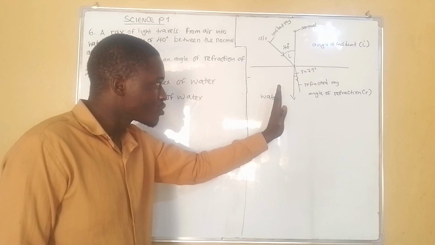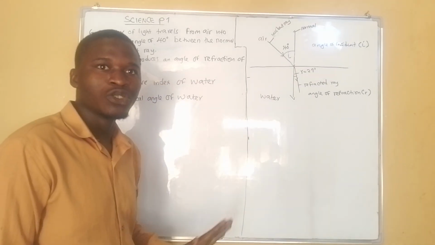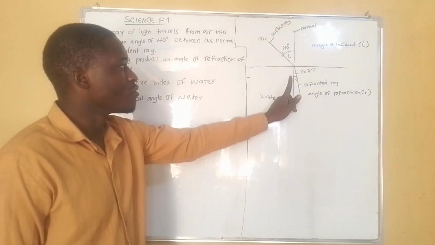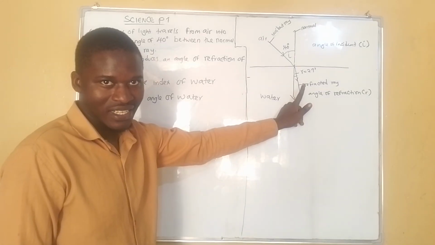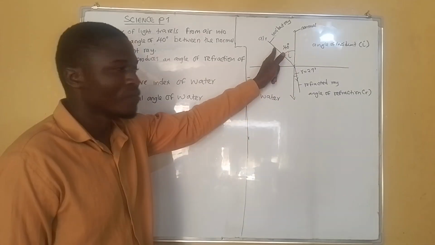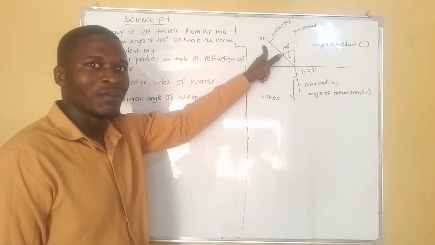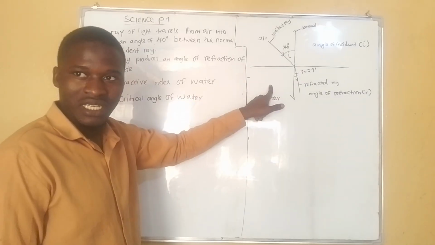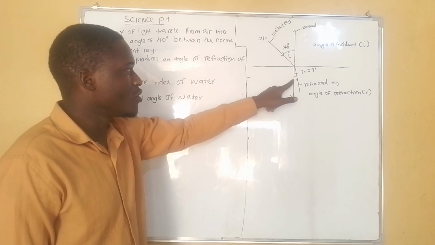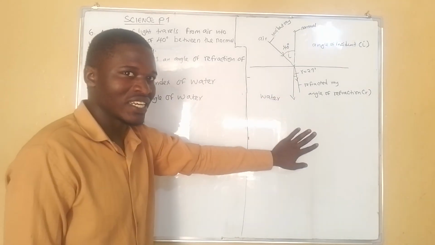When it comes closer to the normal, it means the angle reduces, isn't it? That's why you have 29 degrees there. Air is less dense than water, isn't it? Yes. So that's why you have 29 degrees there.